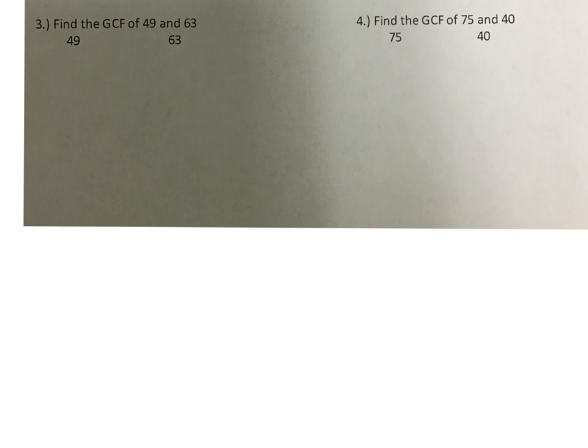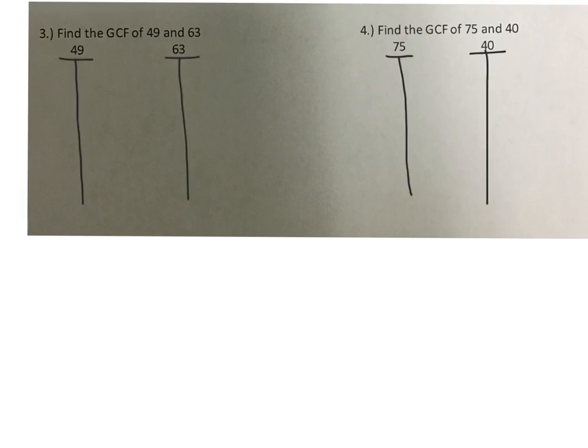Go ahead and pause the video and try number 3 and 4 by yourself, and then check back to check your answers. Good luck. All right, so let's check our answers. For number 3, we're finding the GCF of 49 and 63. For 49, we have the factors 1 and 49, and then 7 times 7 also gets us 49, and that's all we have.